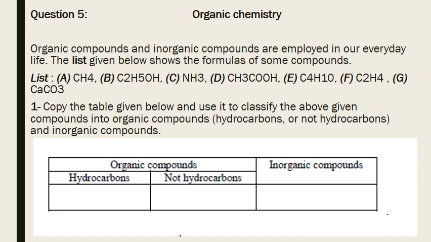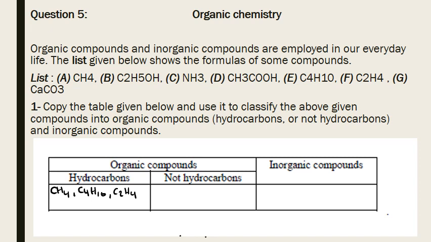So the first one is CH4. B's got oxygen in it, C doesn't have carbon, D's got oxygen in it, E just has carbon and hydrogen, so we write C4H10. F has C2H4, and G is CaCO3, so it's got oxygen in it.